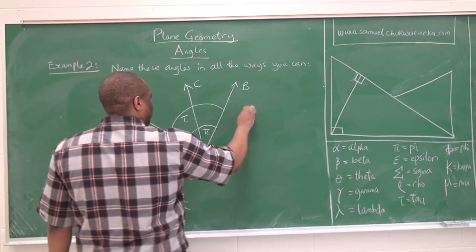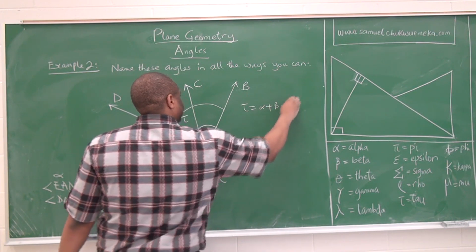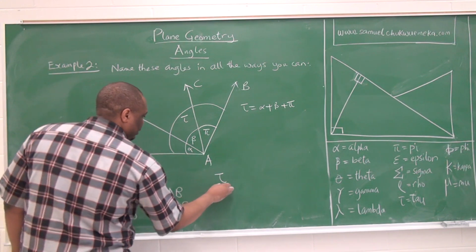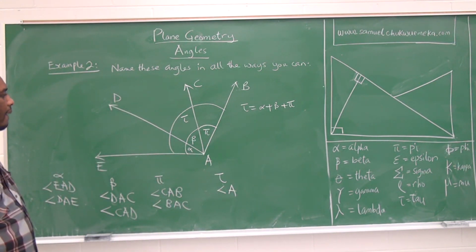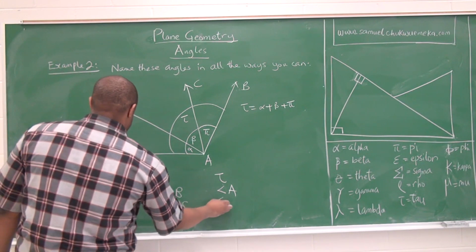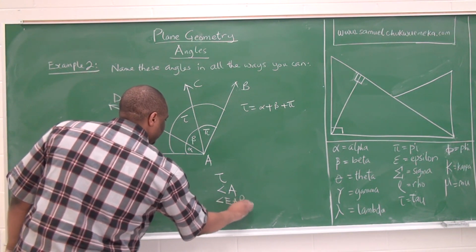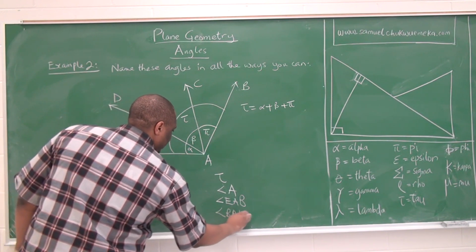Of course, you know that tau is equal to alpha plus beta plus pi. So tau will be angle A, or it could be angle EAB, or angle BAE.